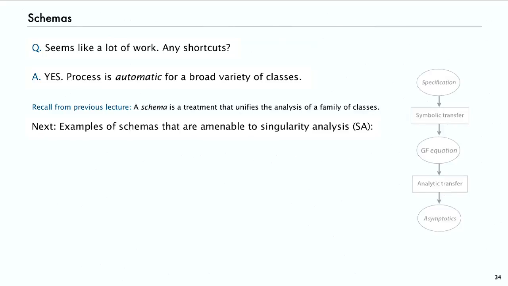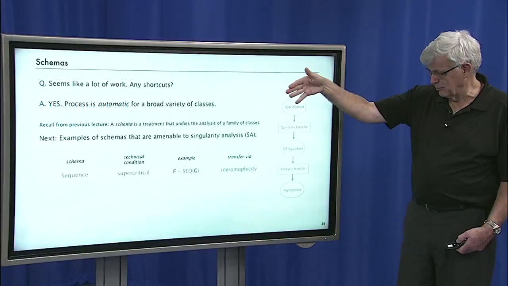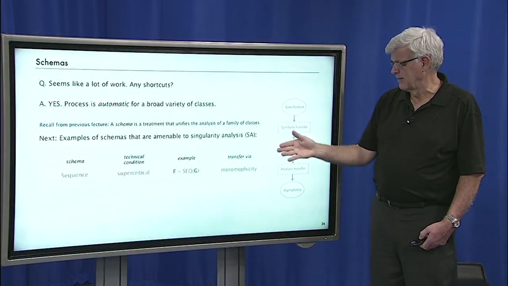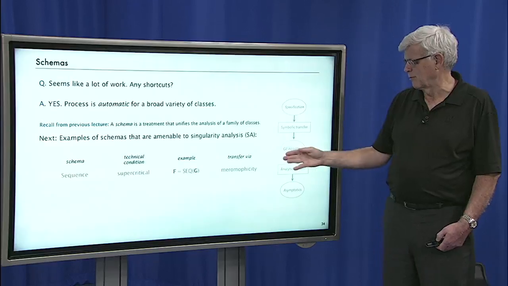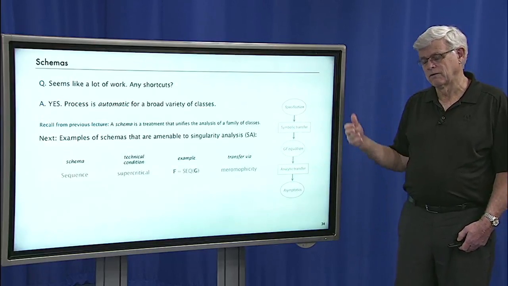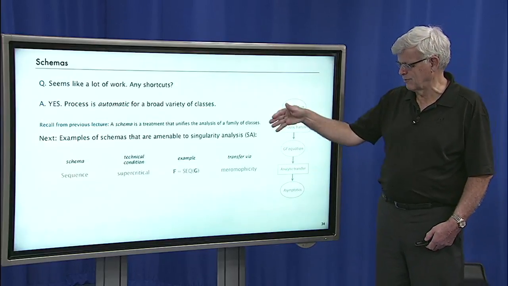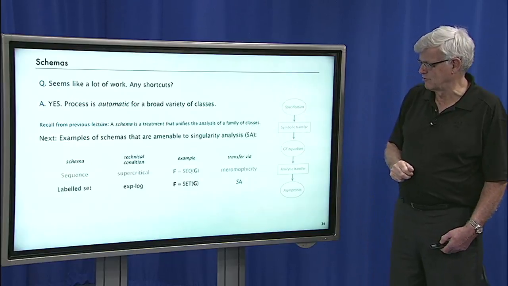They get us into the top level of analytic combinatorics, where we can go from the spec to the equation via the schema right to the coefficient asymptotics. So last lecture we looked at the supercritical sequence schema that handled via meromorphicity all constructions of the form F equals sequence of G.